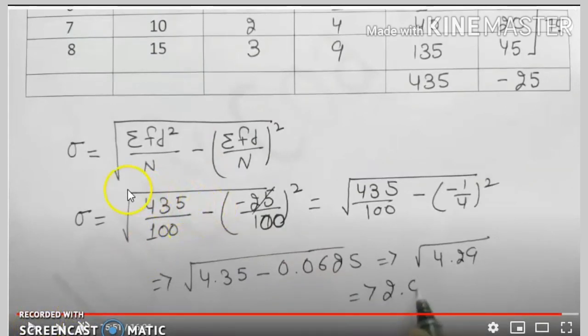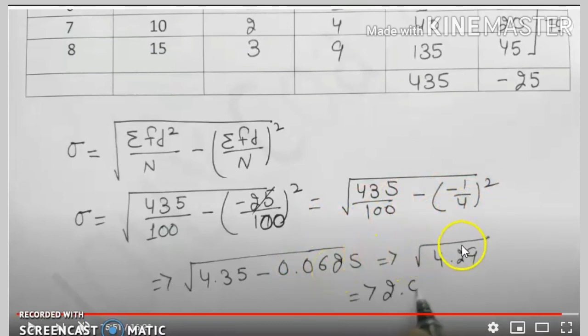So after the solution we will be getting sigma equal to root of 435 by 100 minus, in brackets, minus 25 by 100, the whole square, is equal to root of 435 by 100 minus, you cancel these two, you will be getting 1 by 4 the whole square, then is equal to root of 4.35 minus, dividing these two you will be getting 0.0625.